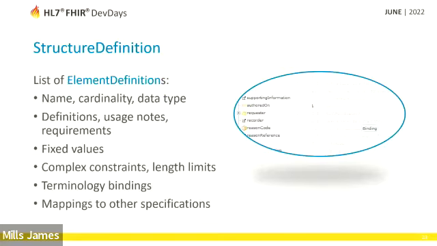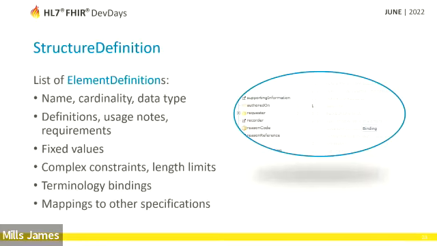And then that structure definition consists of a list of element definitions. And in these element definitions, you can also make your adaptations. Of course, it has a name. It has some cardinality that you might want to change. It has a particular data type. And then a textual definition.